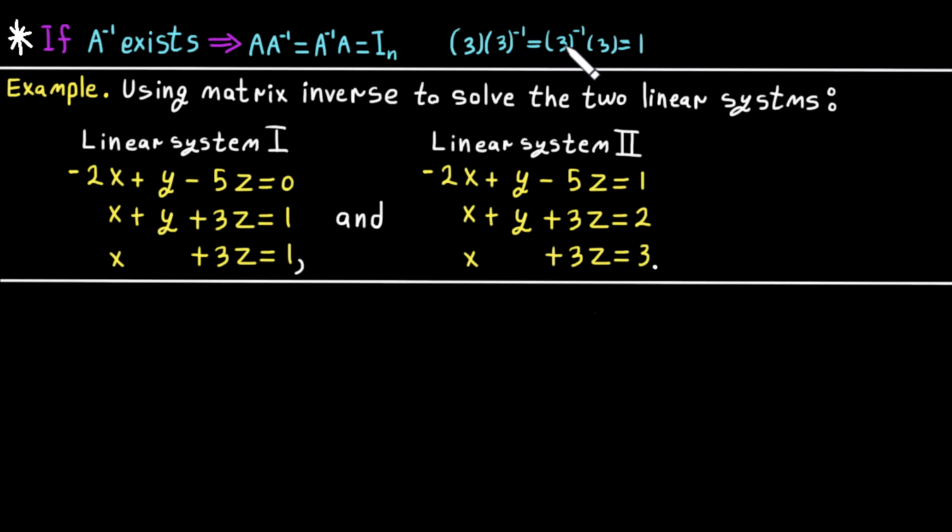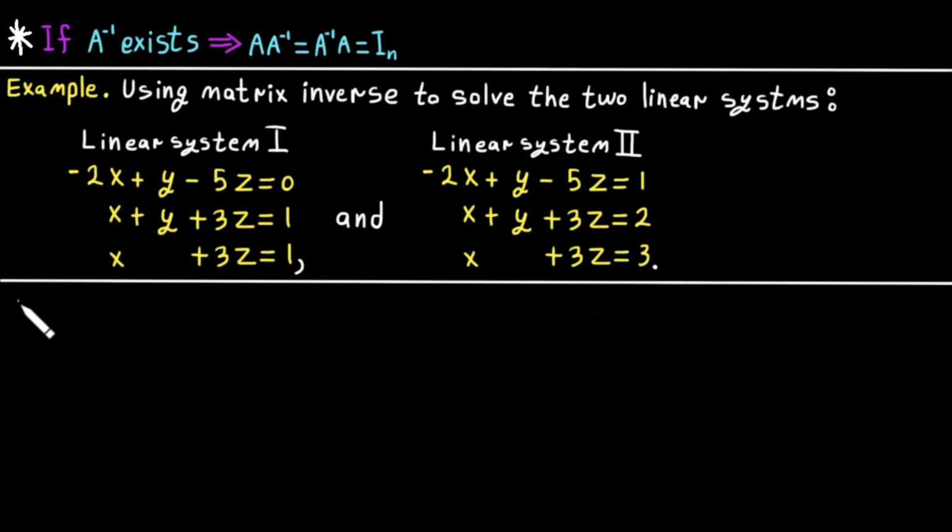Now let's delete this one. Now let's solve the example. Since we noticed that the two linear systems have the same coefficients, let's rewrite the two linear systems to understand where the matrix inverse is.